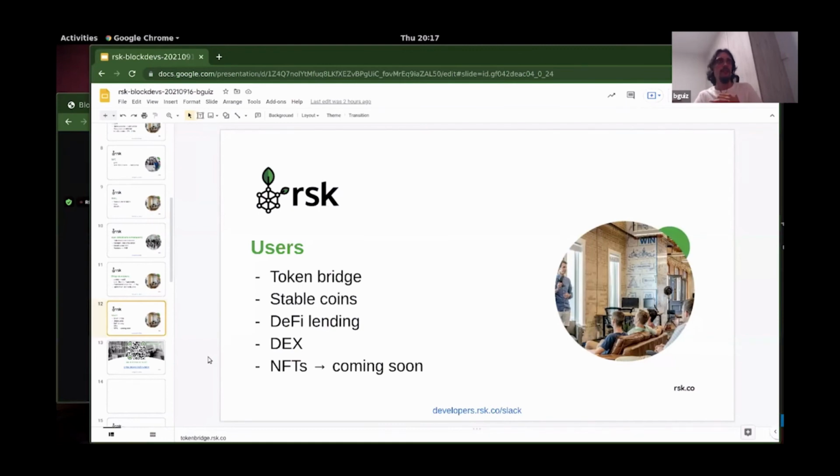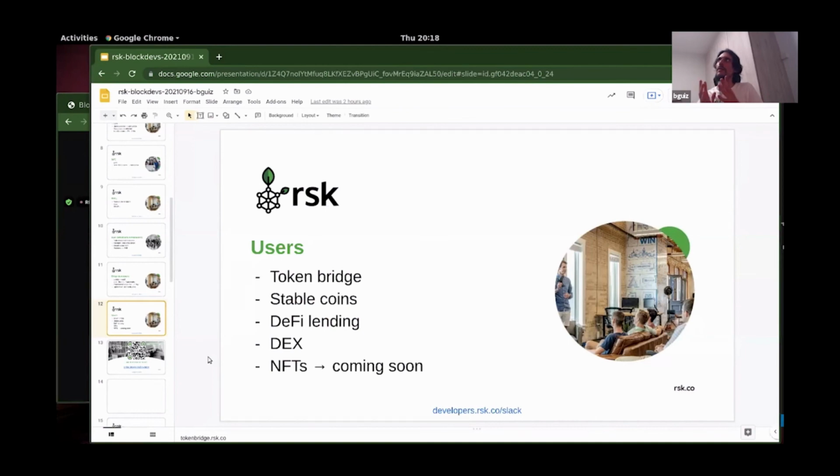And then moving on into more DeFi things, you can build DEXs. There are a couple of DEXs already operating with significant volume. There's RSK Swap. There's also Sovereign, which operates a decentralized exchange. And then there's also DeFi lending.